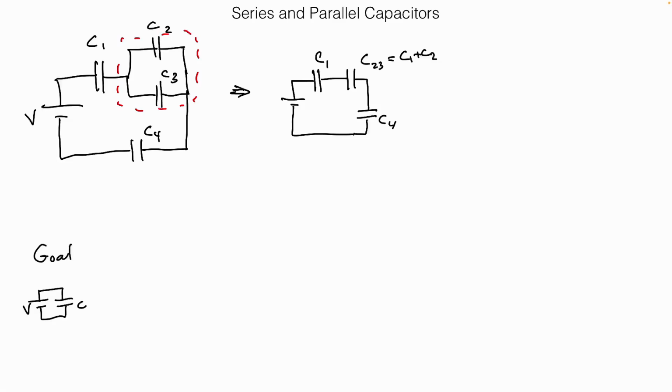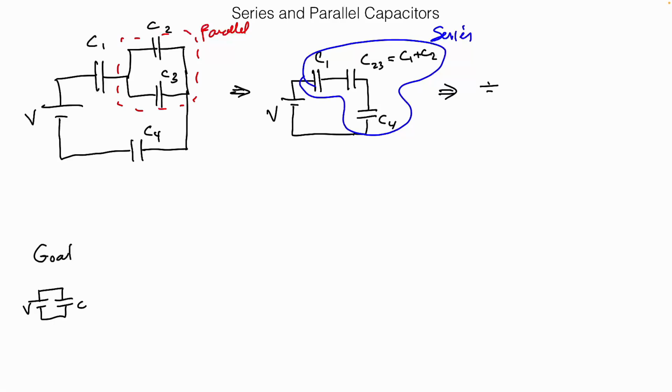Now looking at the new diagram, can you tell me what the connections are between C1, C23, and C4? They're all in series. Why? There's no junction here. So this is a series connection, and this was a parallel connection. How do I add things together in series? You add their inverses.